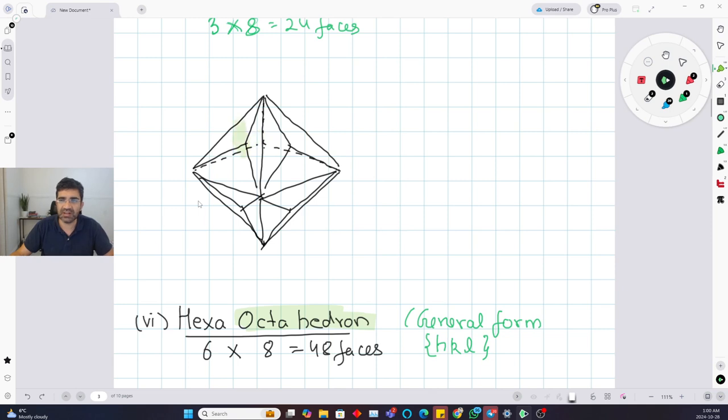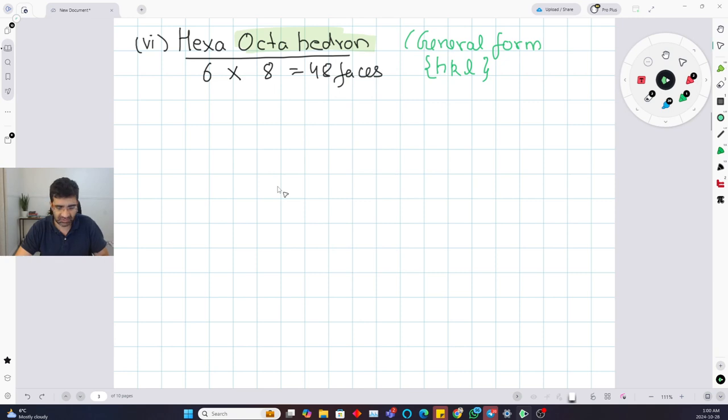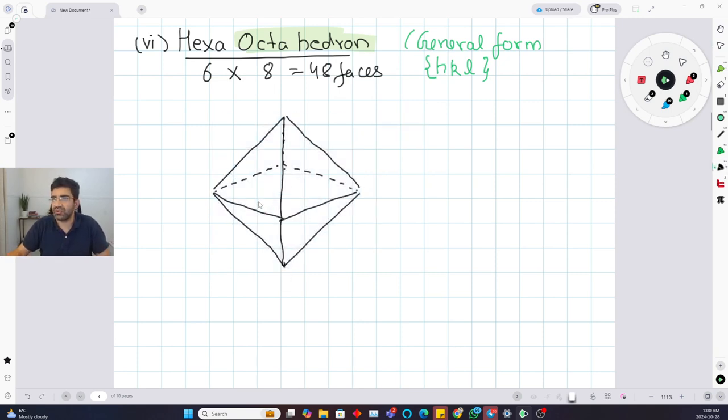Extend this line further, extend this line further. So it will start to get 6 faces for each of those 8 faces. So what I'm saying is, you had this figure. In the previous figure, for dividing into 3 faces, for each face we went like this. Now you have to go all the way like this.